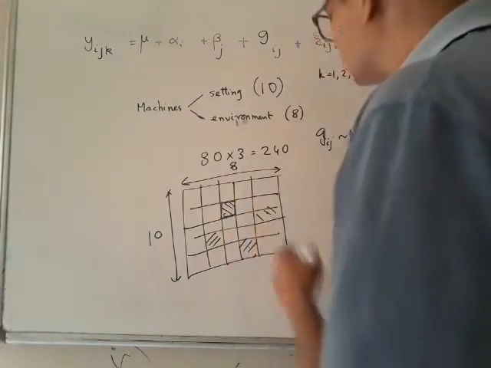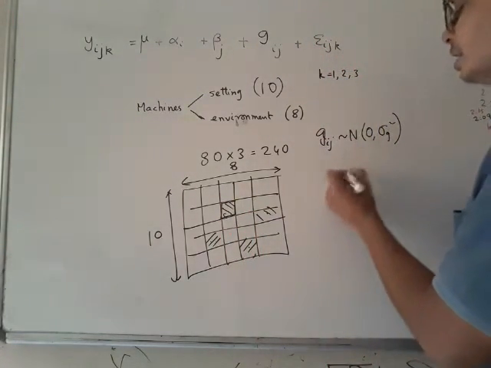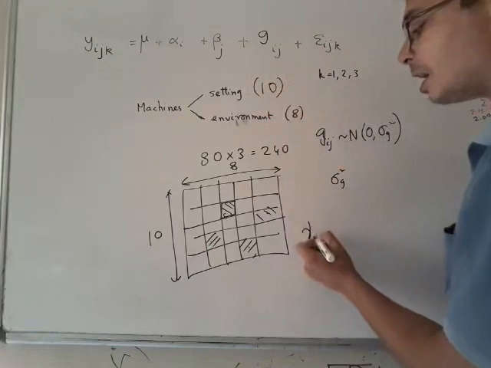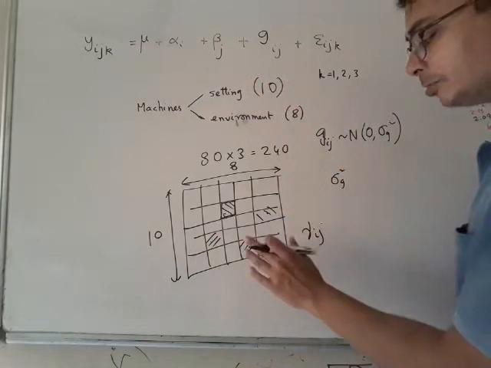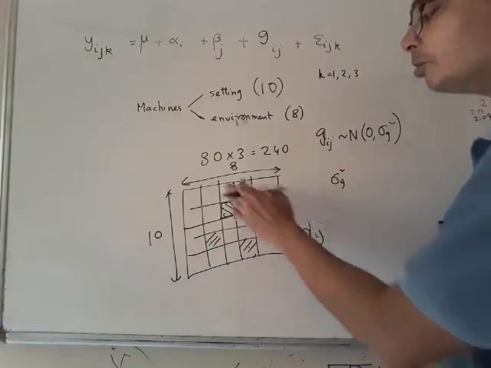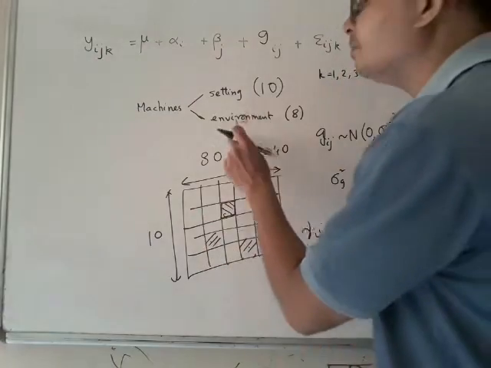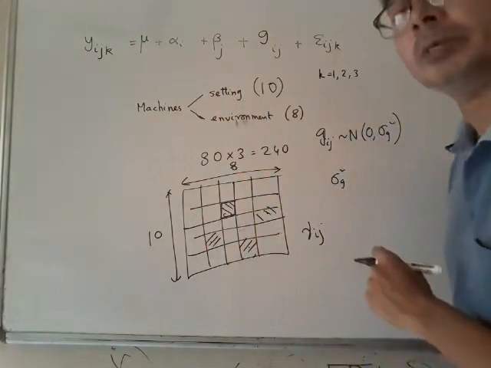Well, from 4 samples, you can have some idea about sigma g square. You cannot estimate all the gamma ij's. That is impossible. But you can have an idea about how much variation you can expect because of different setting environment combinations.